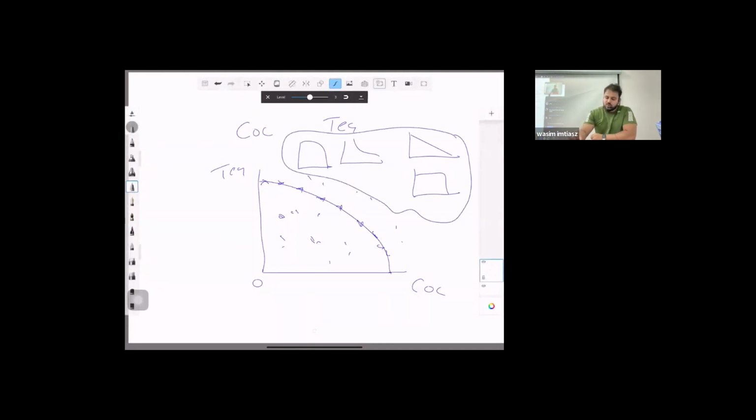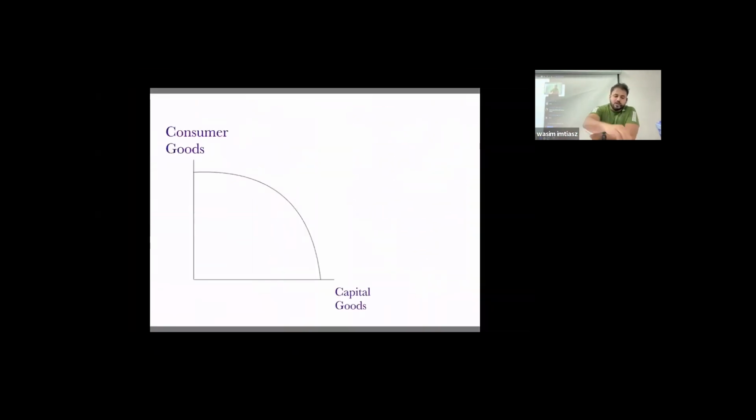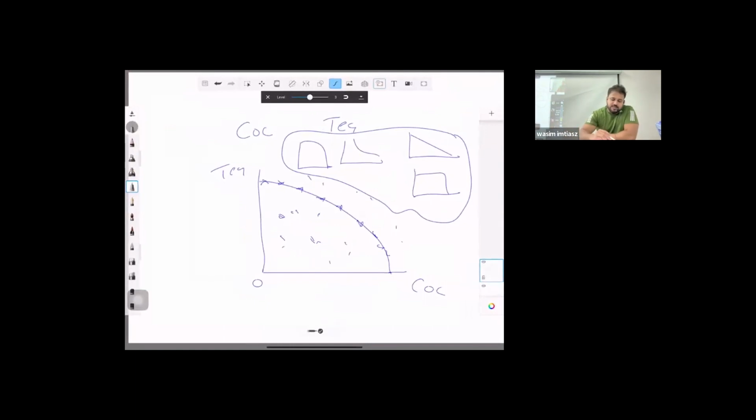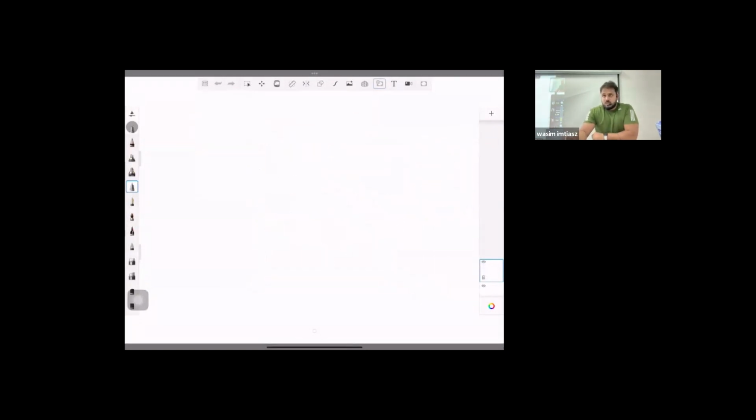Now, when you draw a PPC, whatever you should simply know is, look at the board, all of you. First step is consumer goods and capital goods. Correct? Then 0. Then the definition of a PPC. What is the PPC? A production possibility curve shows the maximum combination. To remember the definition, I always tell the students, remember 3 words.